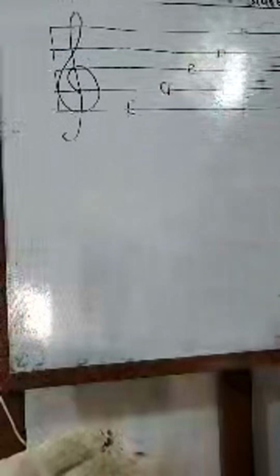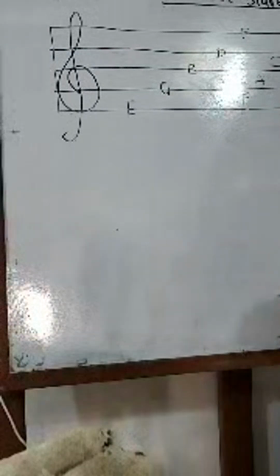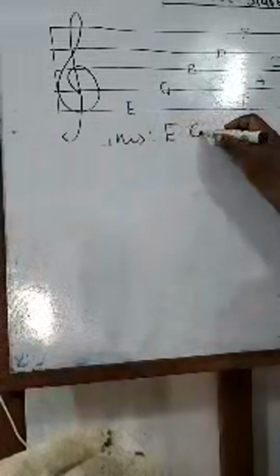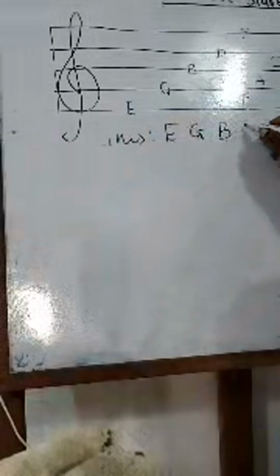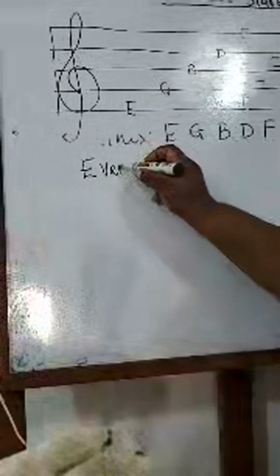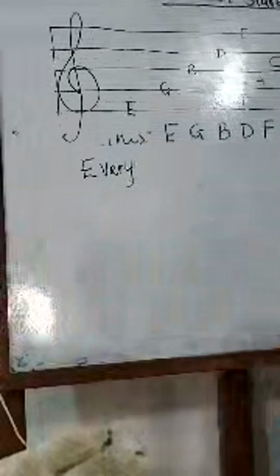So let's focus on the lines first. The letters of the lines. We have E, G, B, D, F. E stands for every. We have something to help us remember.